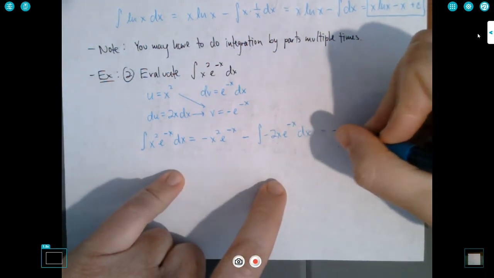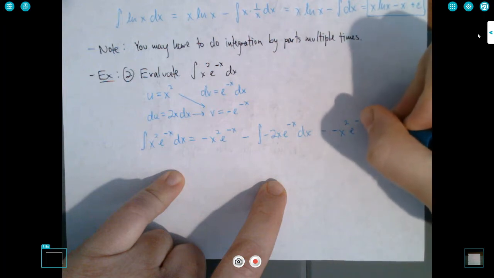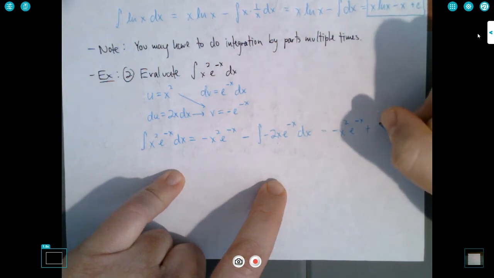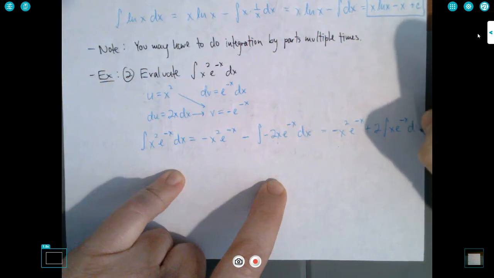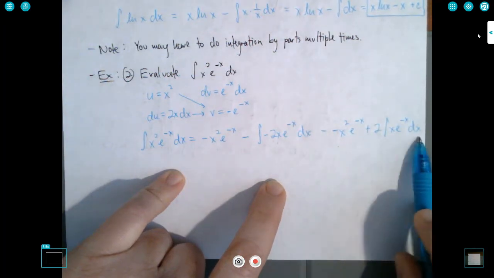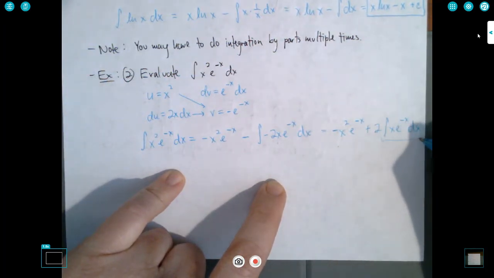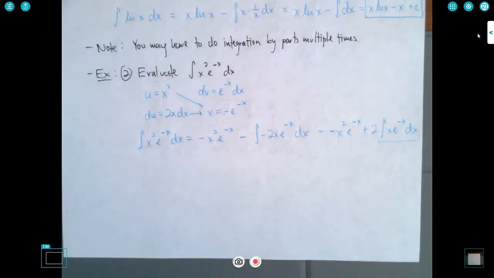So this is negative x squared e to the negative x plus, well, I can pull out the 2, I suppose, and call it integral x e to the negative x dx. So I'm going to do integration by parts just for this piece here.